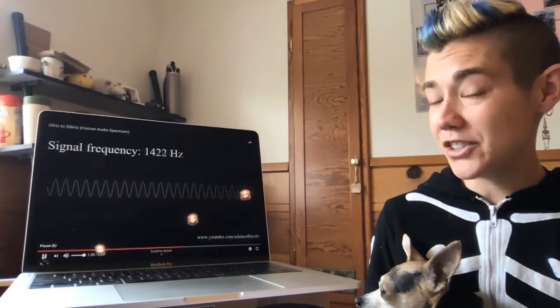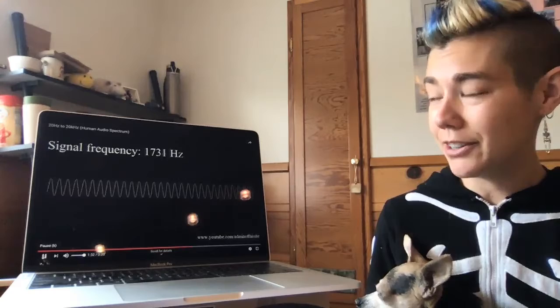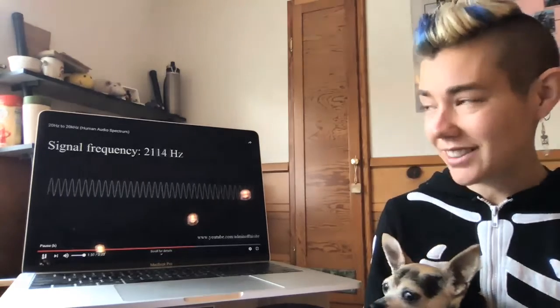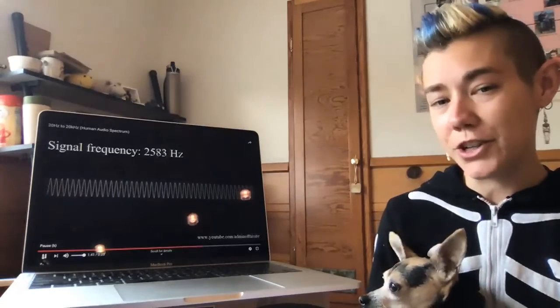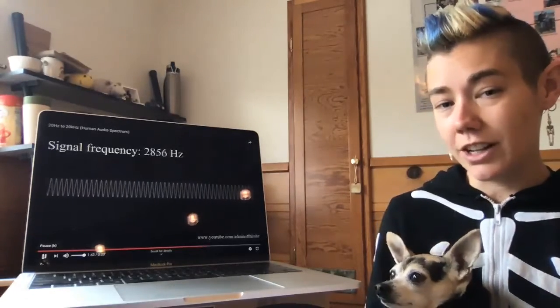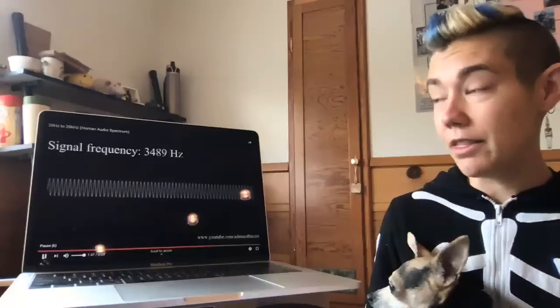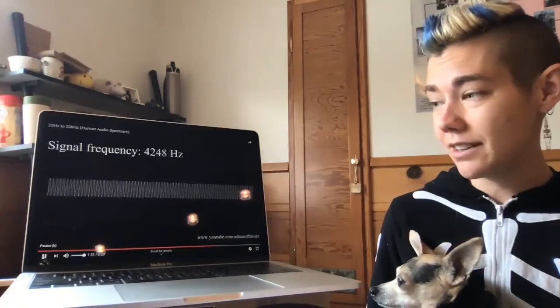Getting higher pitched sounds, those that are stimulating down toward the base of the cochlea, causing the basilar membrane to vibrate, causing those hair cells to bend, release neurotransmitters, and travel along the vestibulocochlear nerve. And we're getting up into the thousands of hertz now, these very high frequency sounds.